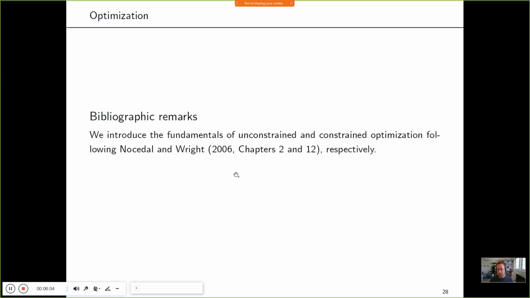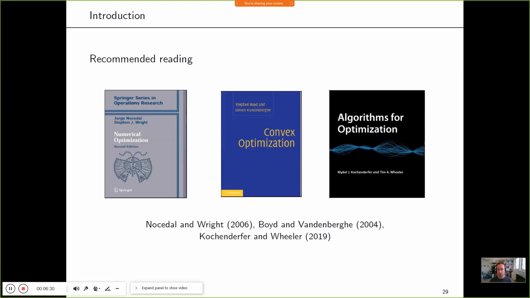The introduction to optimization that I'm presenting here is completely based on chapters 2 and 12, and particularly today chapter 2, of the book by Nocedal and Wright, which I also have here. That's a very good book to get started in numerical optimization.